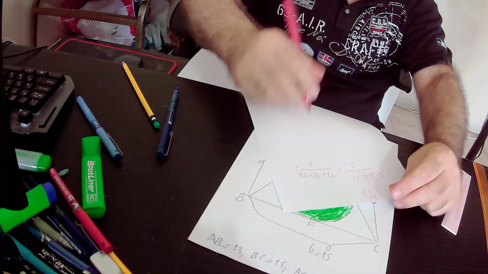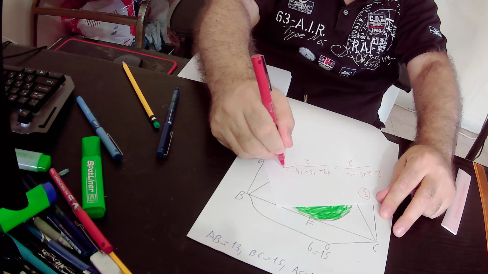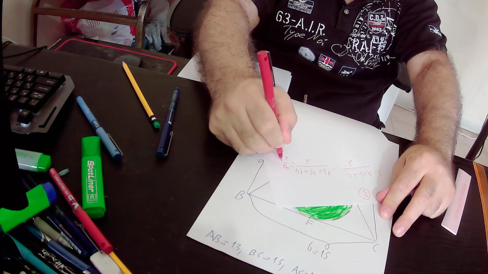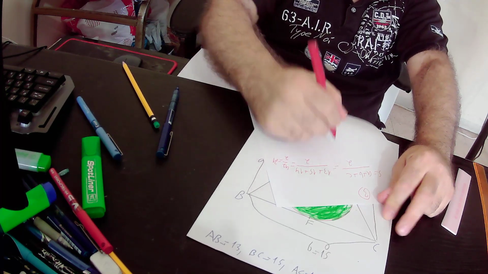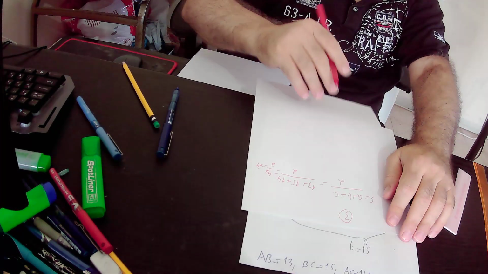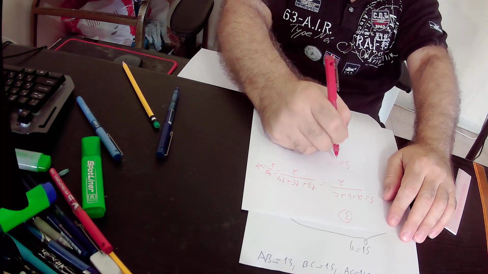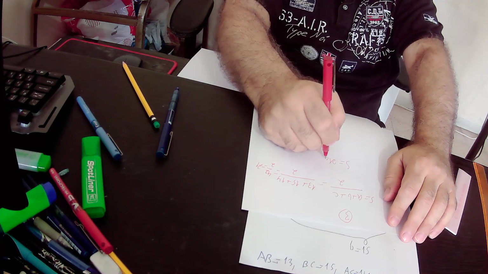Okay, so we got that the semi-perimeter of our triangle ABC equals 21 units.